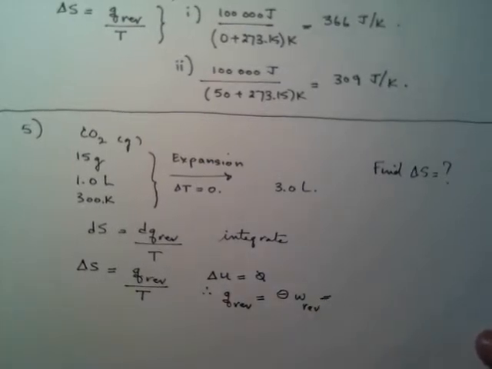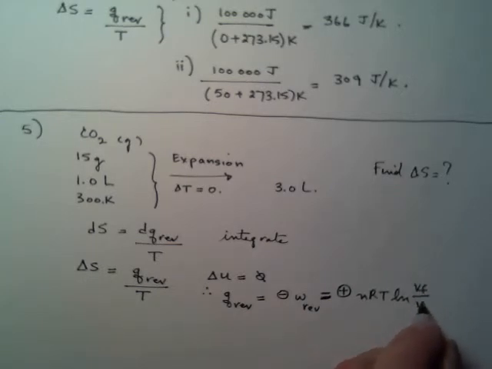Work is equal to minus nRT ln V final over V initial, so the negative value of the work is equal to positive nRT ln V final over V initial.